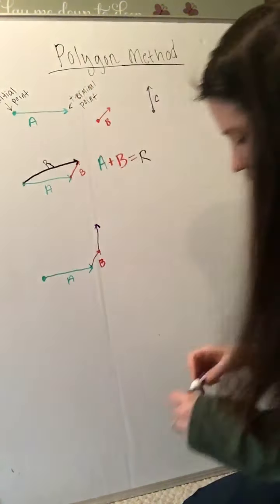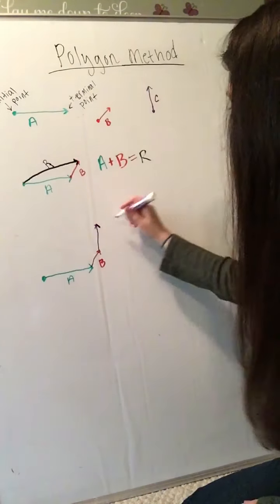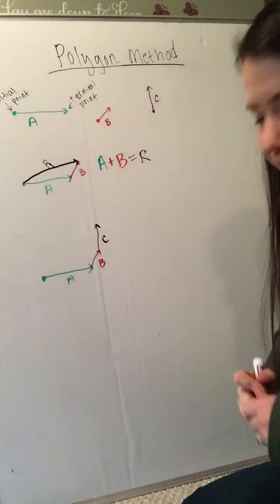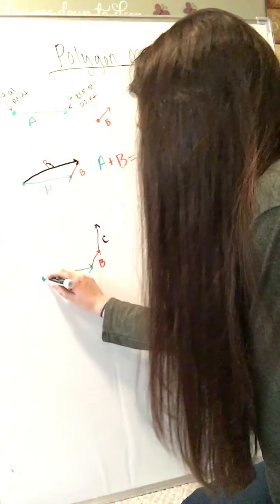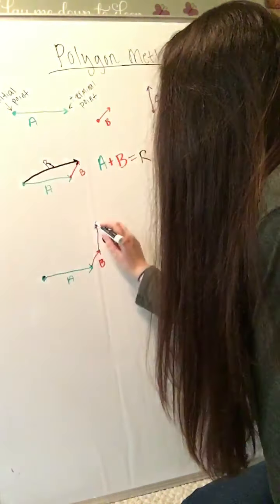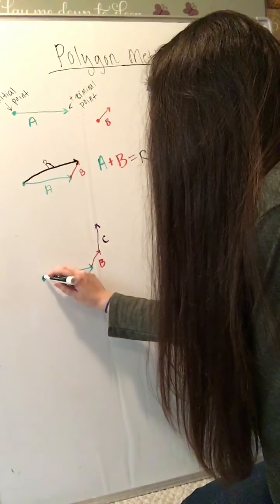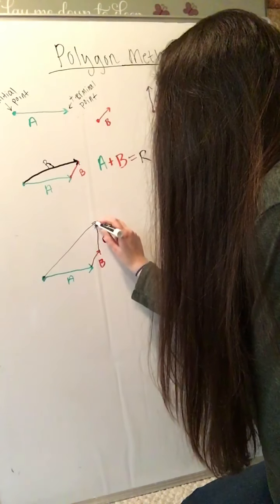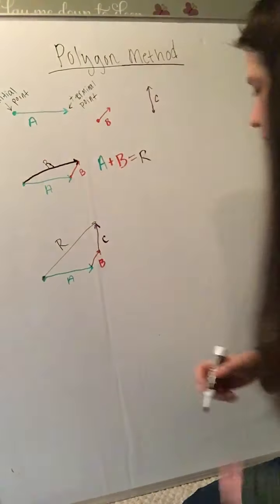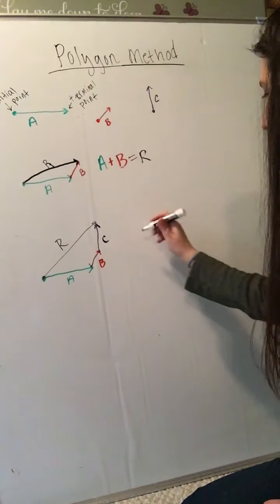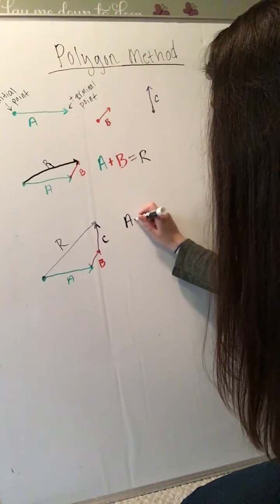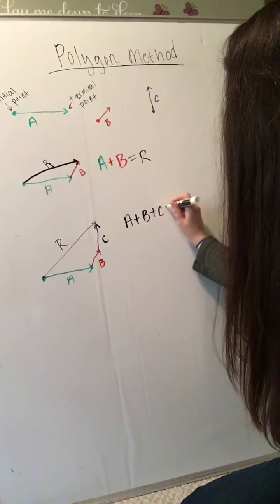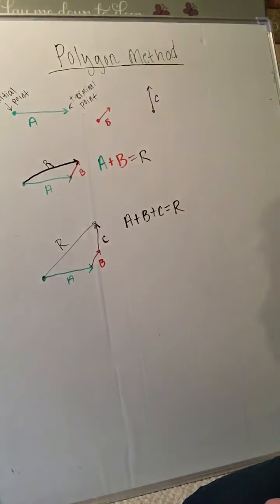The resultant vector of adding these three vectors together is going to be the vector that starts at the initial point of A and ends at the terminal point of C. All right, so that's R. So A plus B plus C is equal to R here.